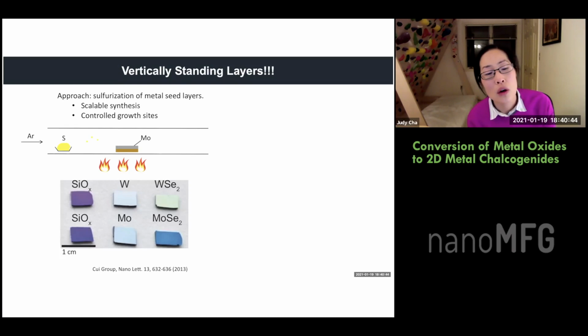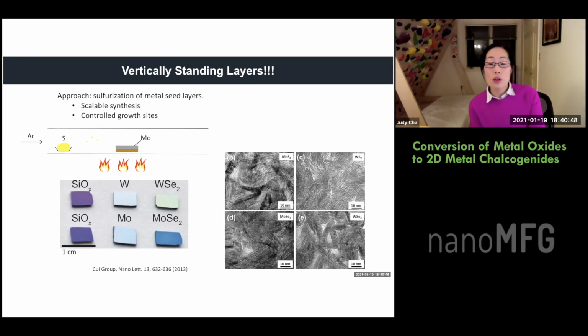So here, when we are sulfurizing or selenizing the metallic film, and then when you look at it from TEM, what you see is that the molecular layers are standing vertically, not laying flat. So here's a 3-dimensional representation of the film. So again, this is not so good, right? If you want to do transport, because you're doing a lot of hopping of electrons through the van der Waals layers.